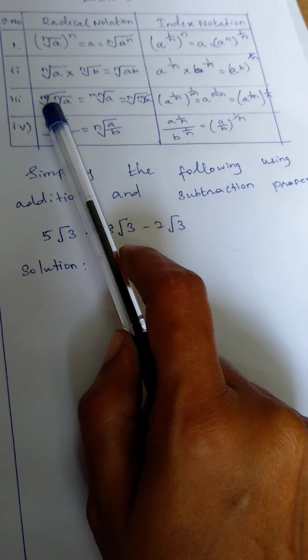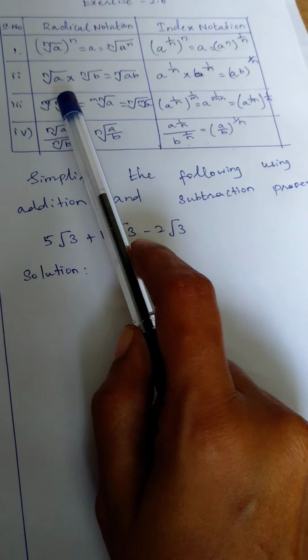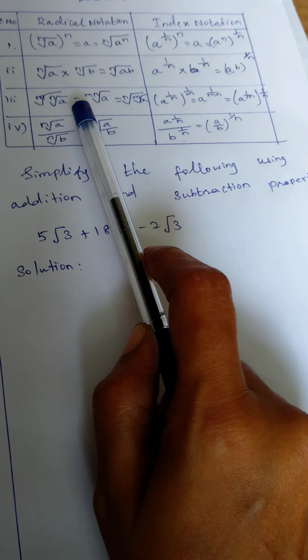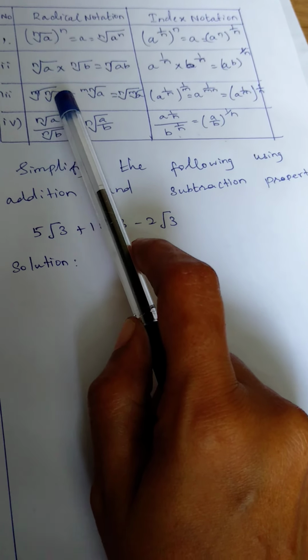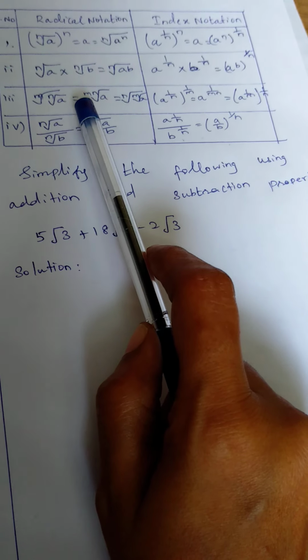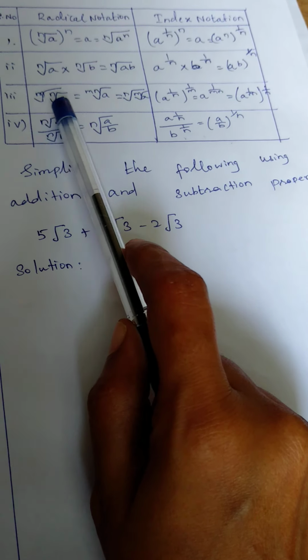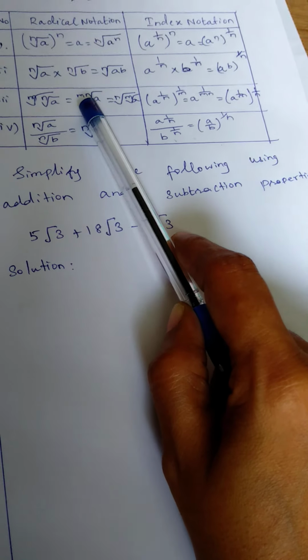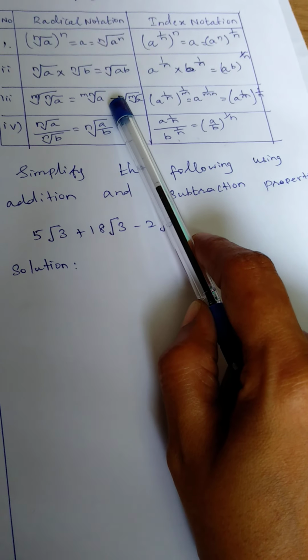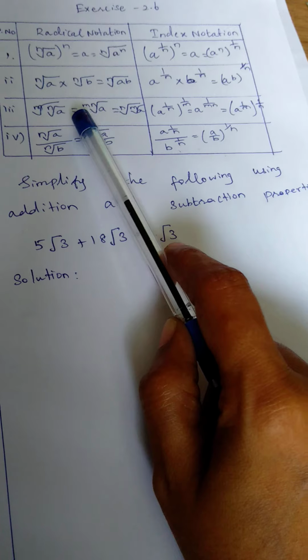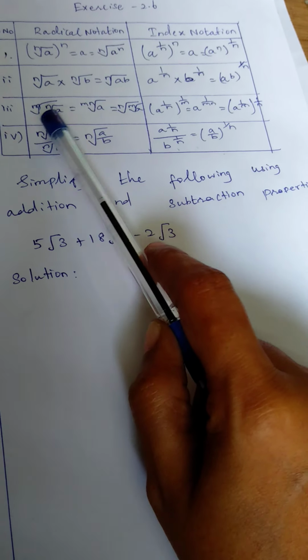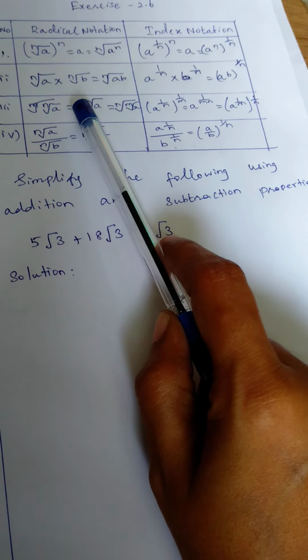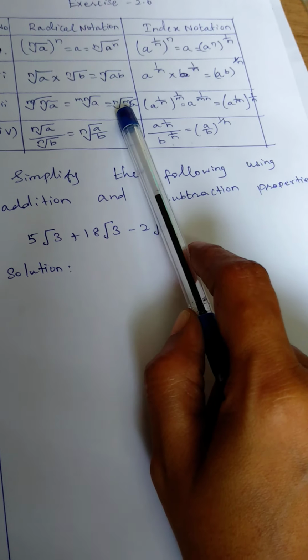Again, the mth root of the nth root of a, they are telling. So m is in the root, n is also in the root. Commonly we can take it as the mth and nth root of a. Suppose we interchange also, the nth root of the mth root of a also equals the same value.